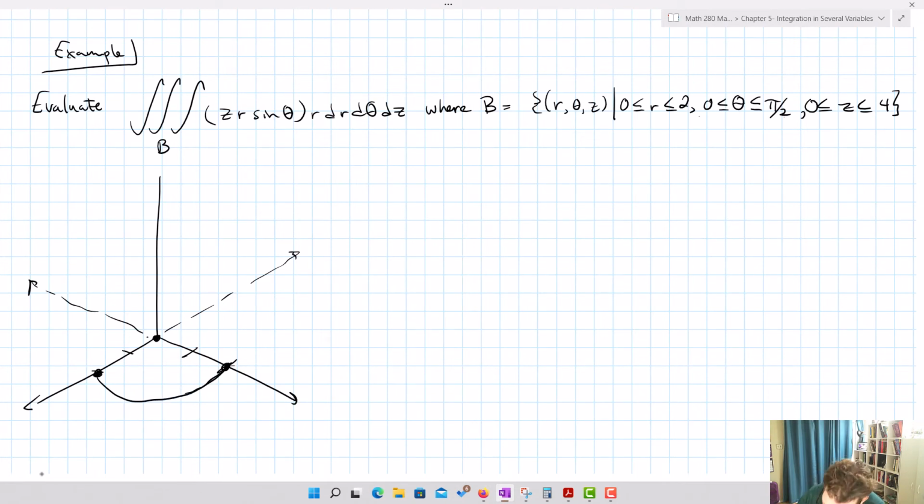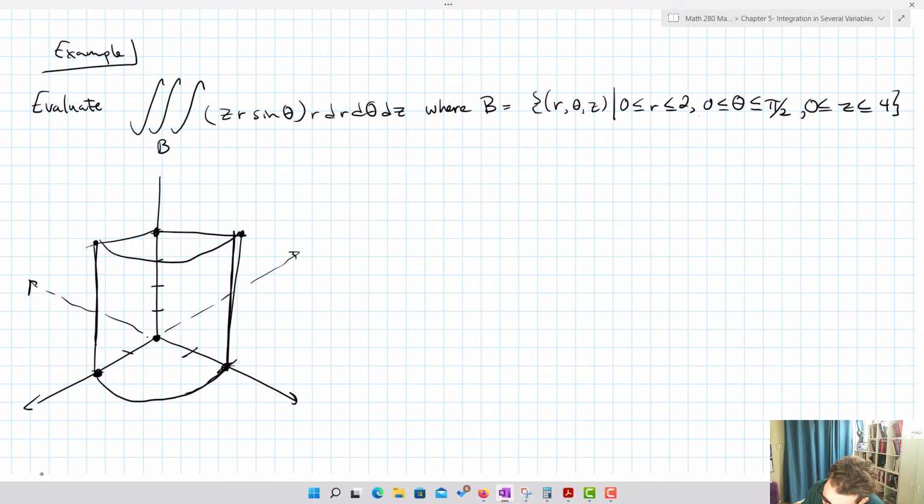And then z is going to go from 0 to 4, so our z is going to come up to here. So it's kind of like a quarter cylinder, right in there. That's the volume that we're going to be integrating over.